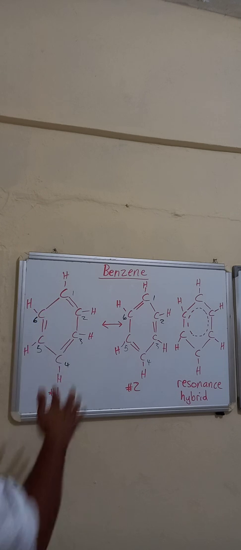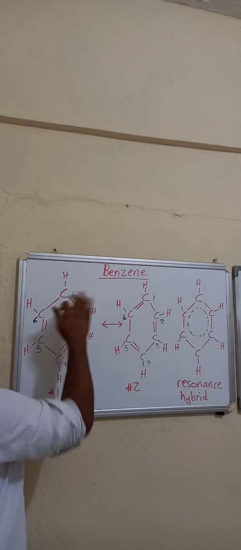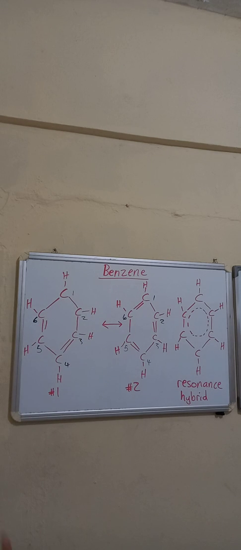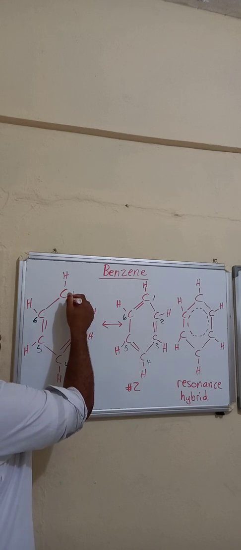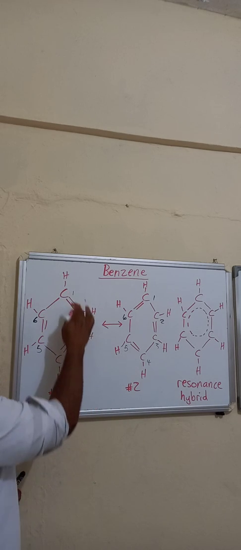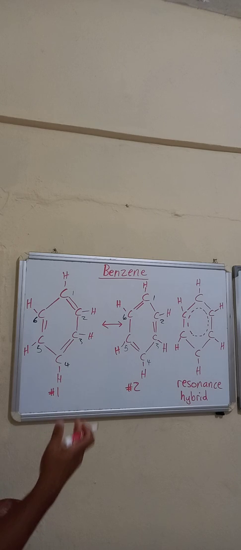However, if one of the double bonds is broken, benzene will lose its stability. So benzene wants to remain stable, and it is most stable when it has its system of 3 pi bonds. Alright?